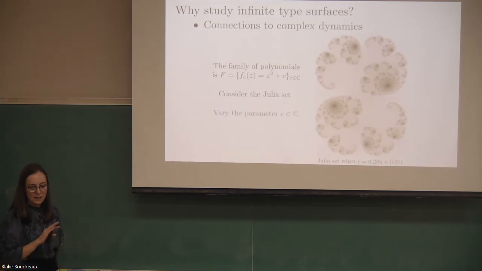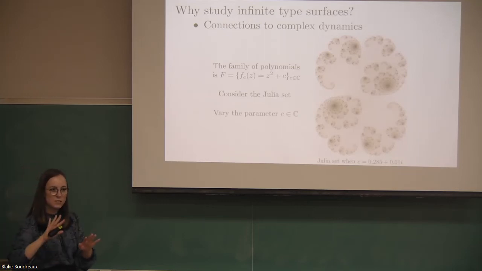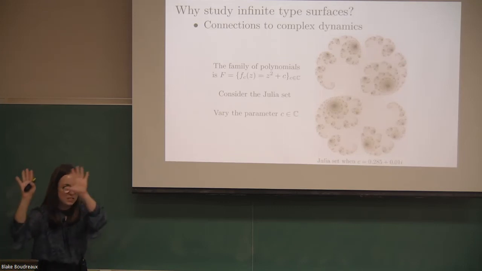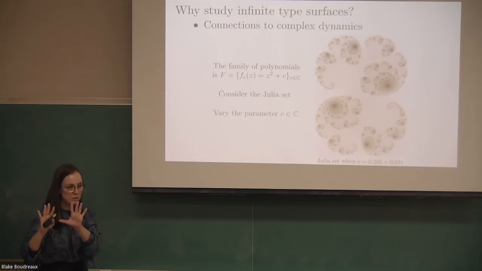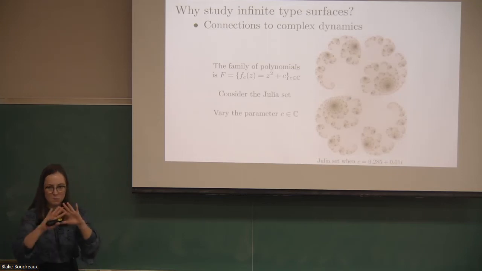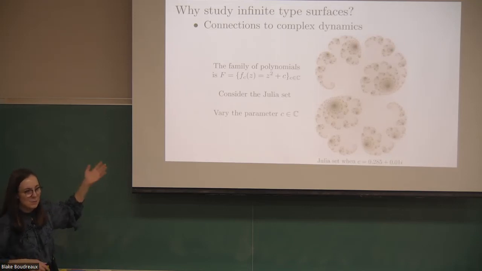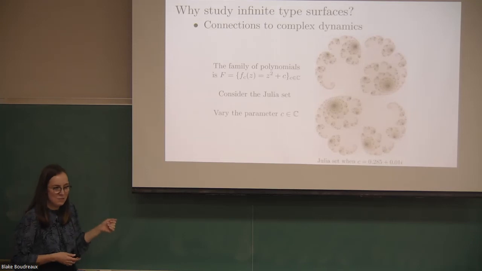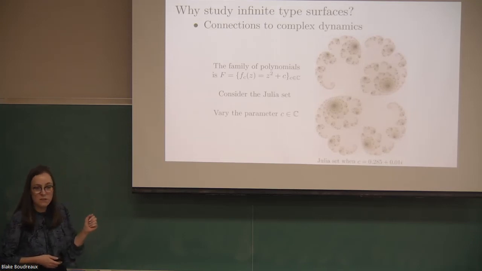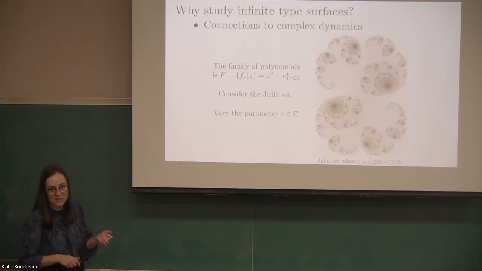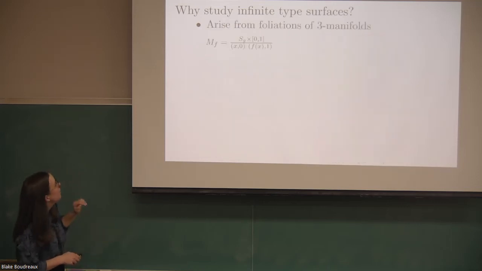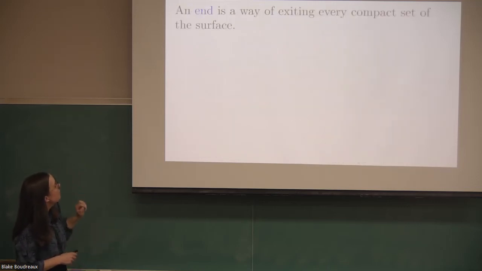But I can end up varying the parameter c so that it comes back to itself, which means I see this Cantor dust moving around the plane and eventually coming back to itself. The complement of the Cantor dust is a plane with a Cantor set of punctures removed. That's an infinite type surface. So complex dynamicists are interested in infinite type surfaces because they correspond to homeomorphisms of infinite type surfaces in certain cases. I'm going to skip over this for the sake of time.